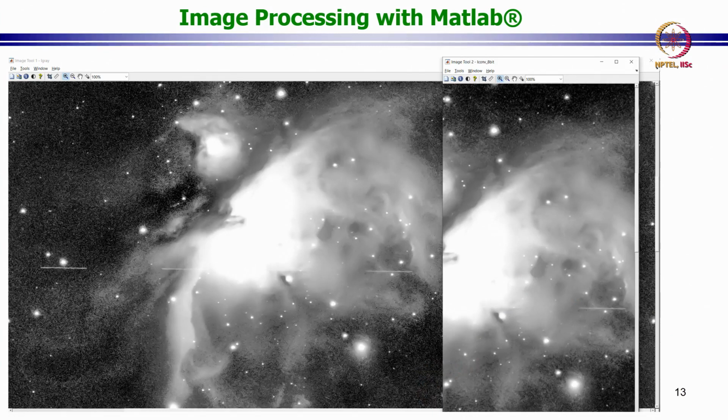Now you'll see that it's very difficult to tell what the big difference is, but if you look around, let's say here, around this region, you will see that this image is a bit more smoothed out than this particular one. That's because the K matrix that we are using for the convolution is smoothing out this image a little bit.